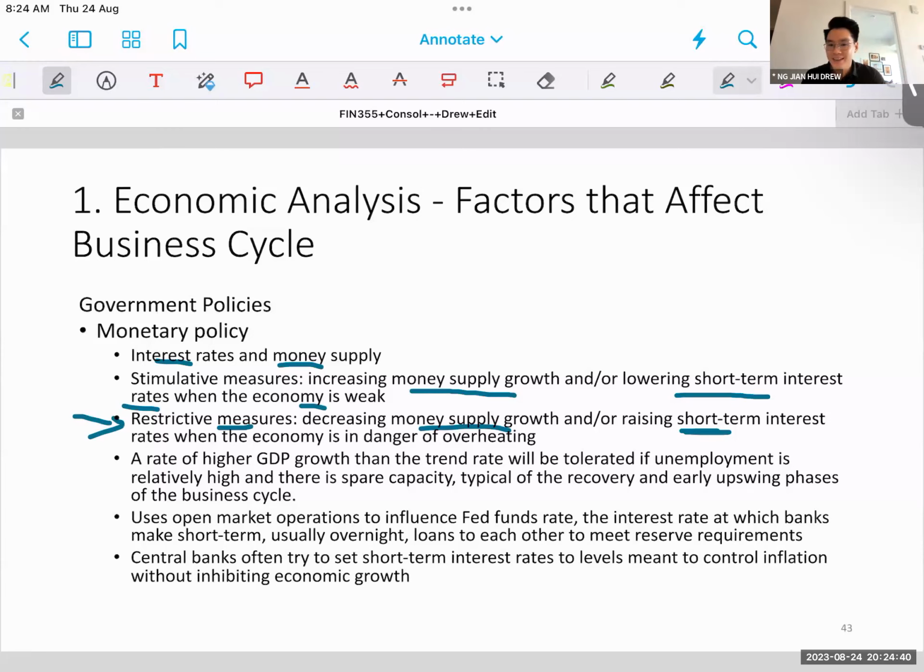Anyone know why, or roughly the reason? Yep, I can see. Yeah, so increasing interest rate, that's correct.